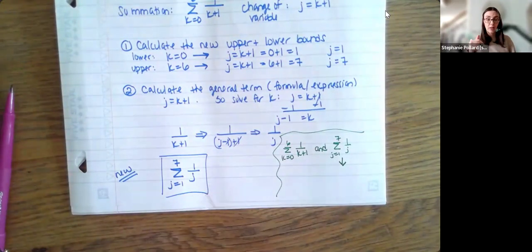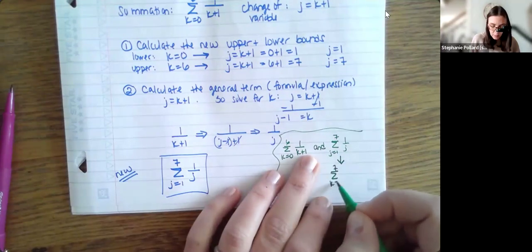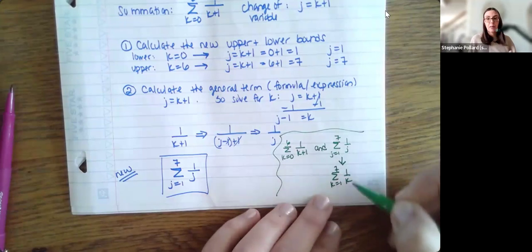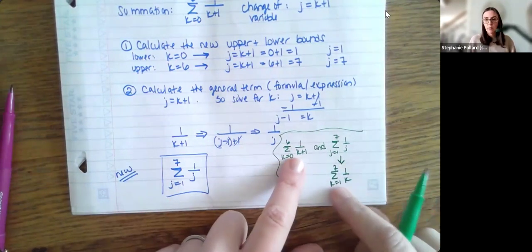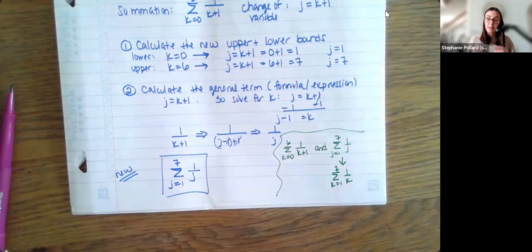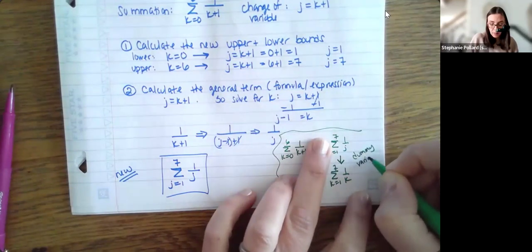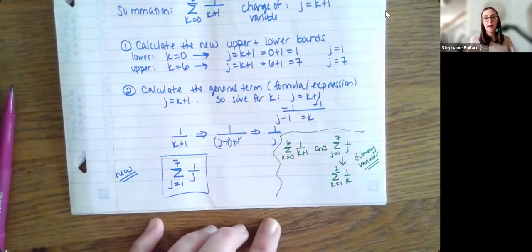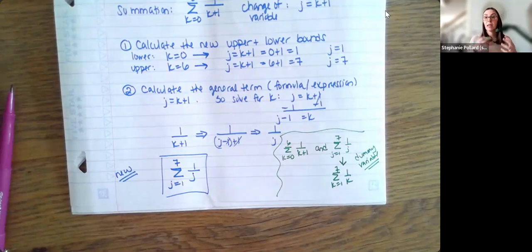You actually could switch it back to k, as weird as that looks. And again, it's the same thing. So you don't have to worry so much about using k as a variable here. It's called a dummy variable, because it works very similar to a variable, but you can replace it and use any letter you want. It doesn't have the same meaning as in proofs, where it has to have one value the entire time or represent one particular answer.